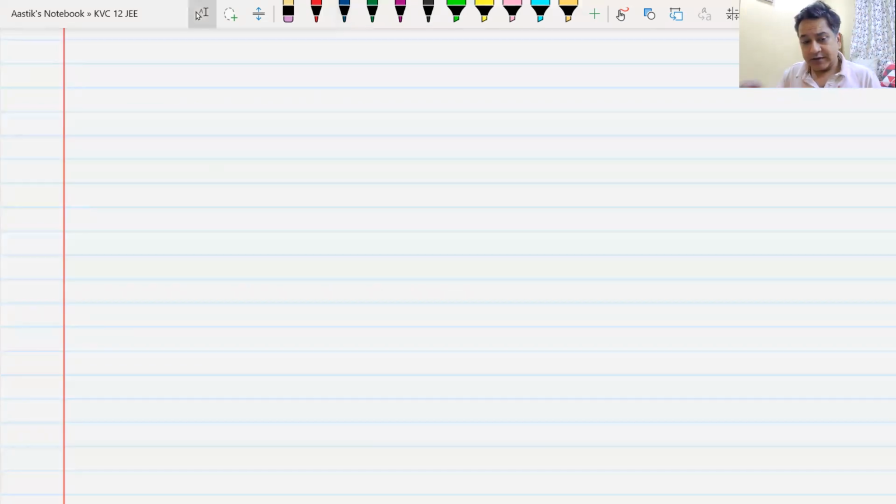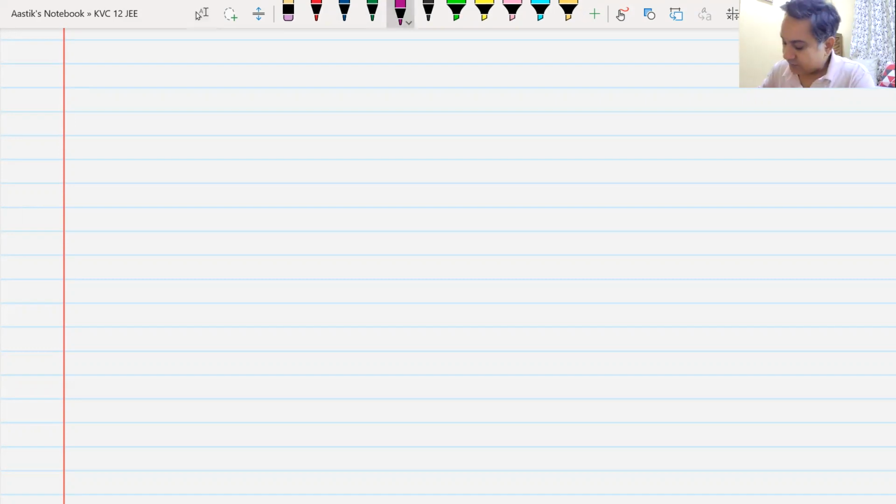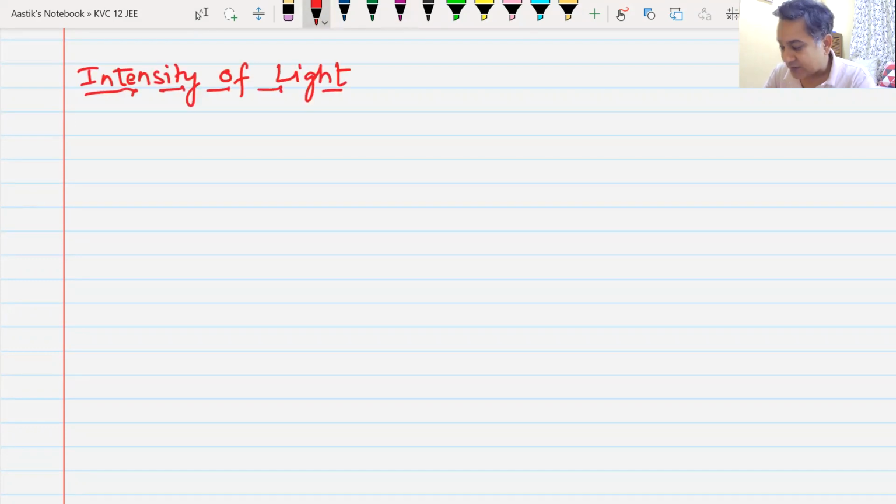Now, in wave optics also, we had come across a term which was intensity of light. Let us now clarify this term, intensity of light, because these are the terms that are going to come in this chapter.